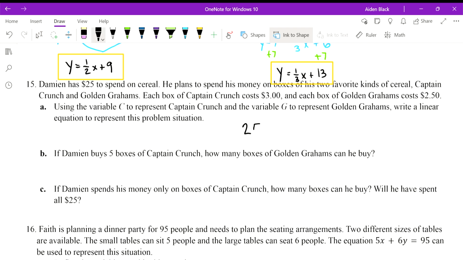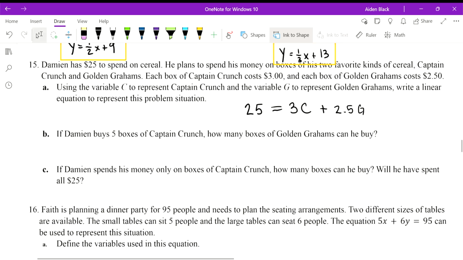So he has $25 to spend. And we have that each box of Captain Crunch costs $3, and each box of Golden Grahams costs $2.50. Okay, so this is what we have here for our equation. If Damien buys 5 boxes of Captain Crunch, how many boxes of Golden Grahams can he buy?